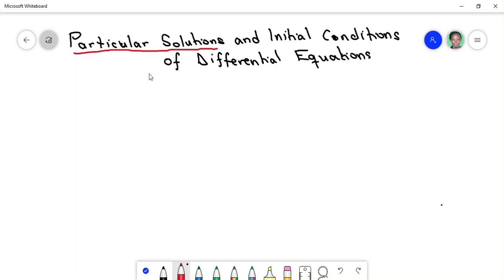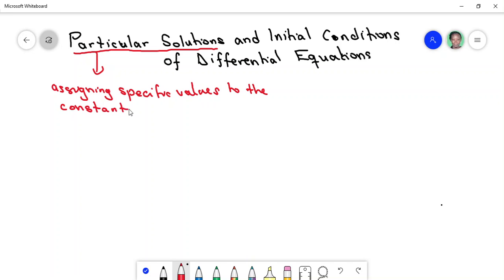The particular solution is any solution that is obtained by assigning specific values to the constants in the general solution. So general solution, what's the previous lesson we looked at?